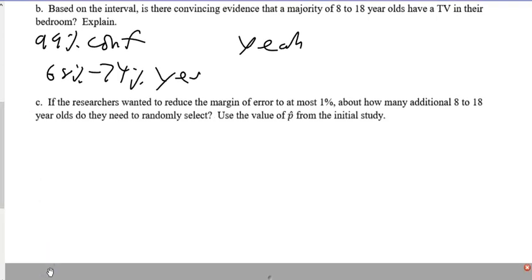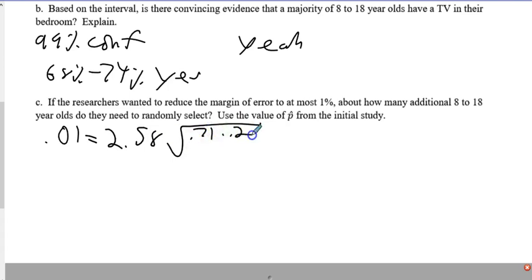Now, it says if the researchers want to reduce the margin of error to at most 1%, how many more people would they need? So we're just going to do it backwards, like we just did. So 0.01 is our margin of error. We don't want anything more than that. 2.58 is our z-score. 0.71, 0.29, and this is an n.